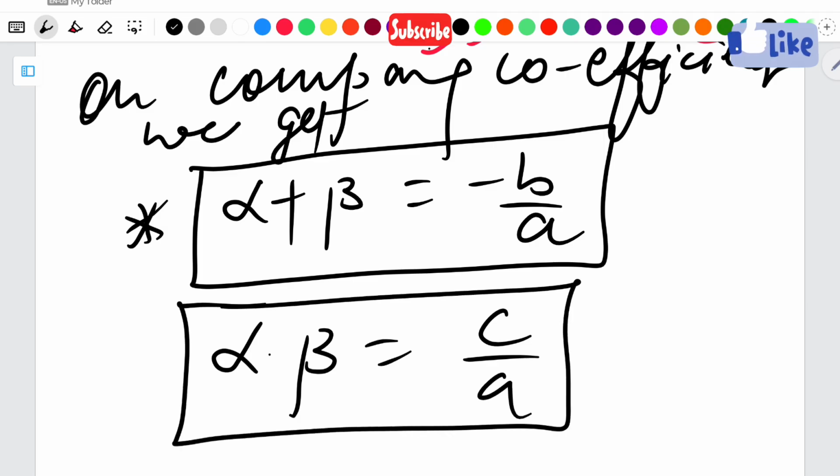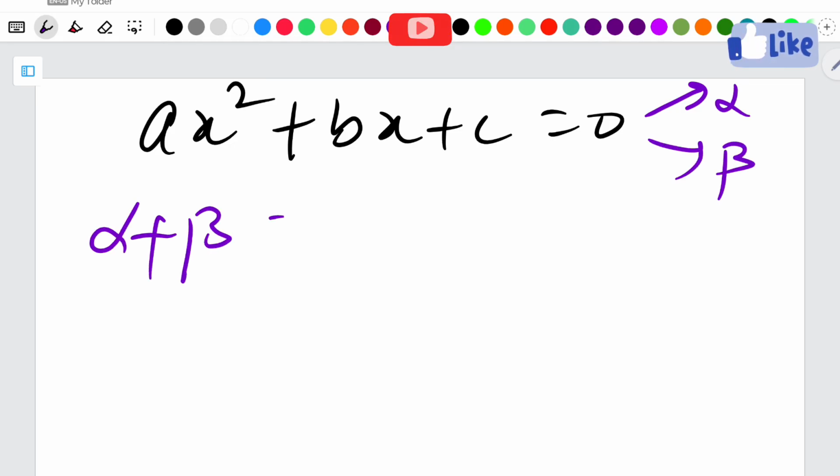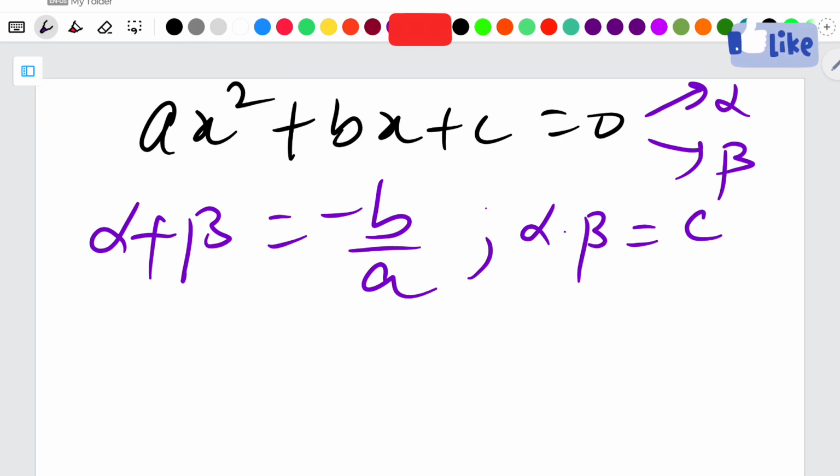So this is another star mark result, which is very important. So if you have any quadratic equation of the form ax square plus bx plus c is equal to 0, and whose one zero is alpha and the other zero is beta, then you can write alpha plus beta is equal to minus b by a, and alpha into beta is equal to c by a.